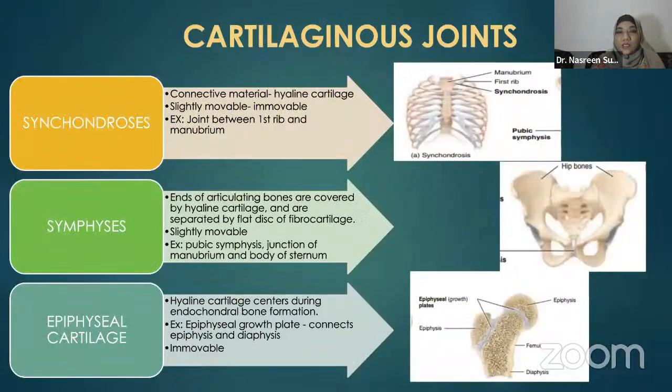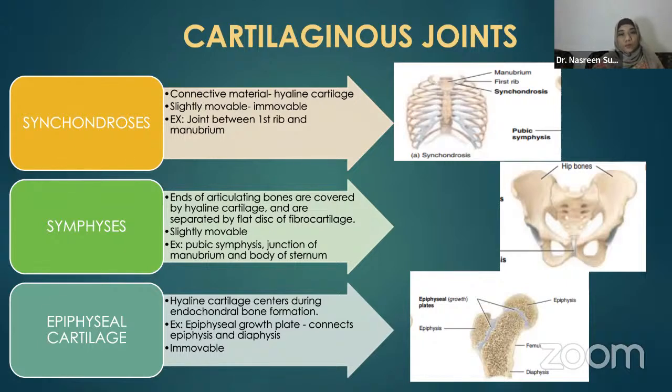Coming to the cartilaginous joints. Now, cartilaginous joints are the second type of joints. They also do not have space between them. The bones do not have space between them. There is absence of synovial cavity. They are connected to each other with the help of a cartilage.